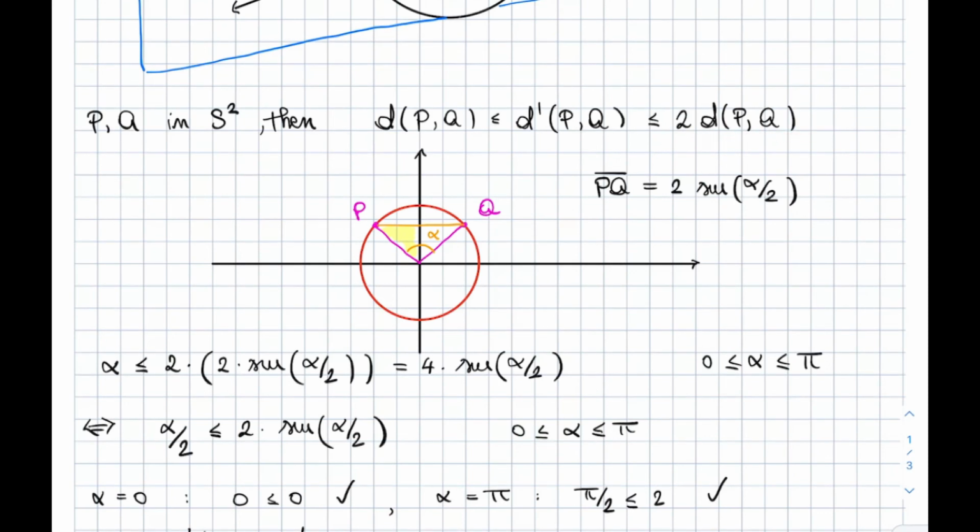This tells us that the two distances are not so far from each other, because we can bound any of them with the other. And this tells us that computing distances using one of them can give us information about the distance in the other metric.